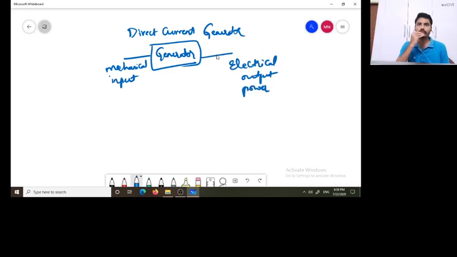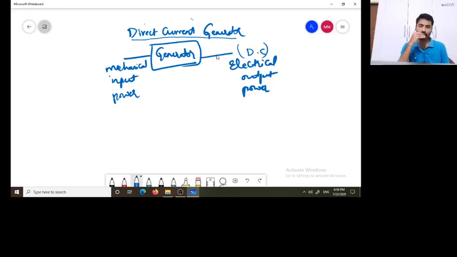The basic principle of a DC generator is that it takes the mechanical input power and converts it into electrical output. In the case of a DC generator, you get the output as a direct current. So the type of generator whose electrical output is a direct current is a DC generator.